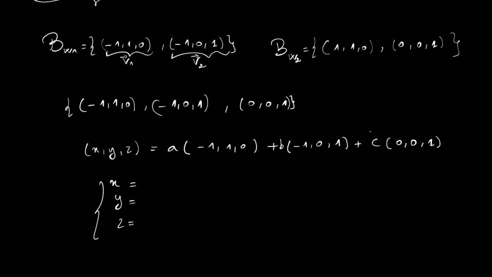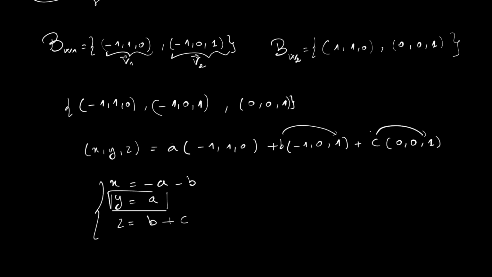So we obtain 3 equations. The first one, minus A, minus B. The second one is A, and the last one is B plus C. Okay.